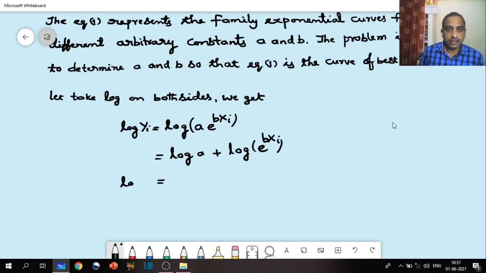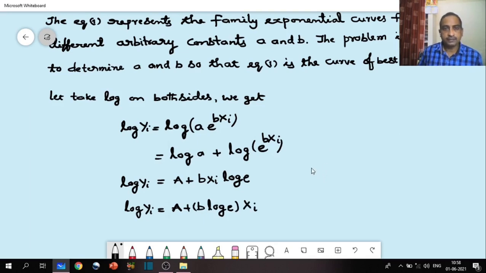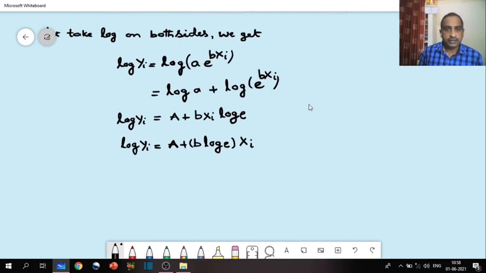So we can write log yi equals log a plus b xi into log e. So here log yi equals log a plus b log e into xi.